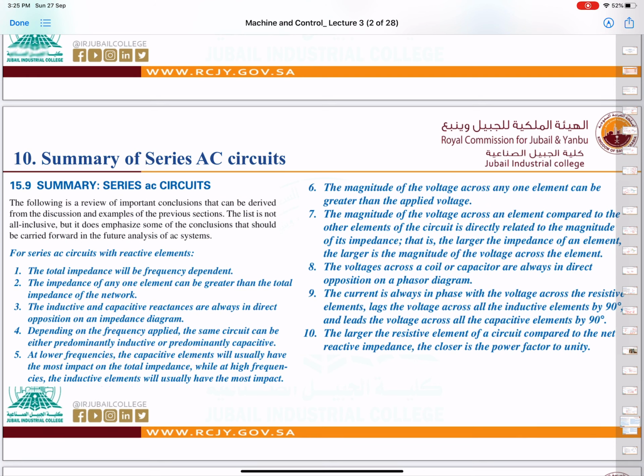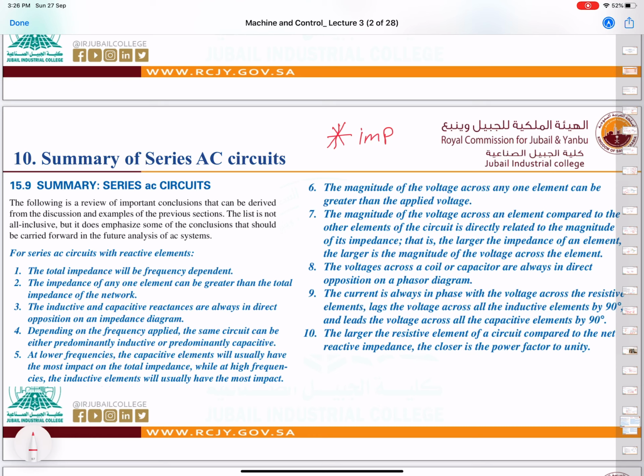Now this slide is very important for the midterm. This is a summary for the series AC circuit, and you will find some questions in the midterm coming from this slide.